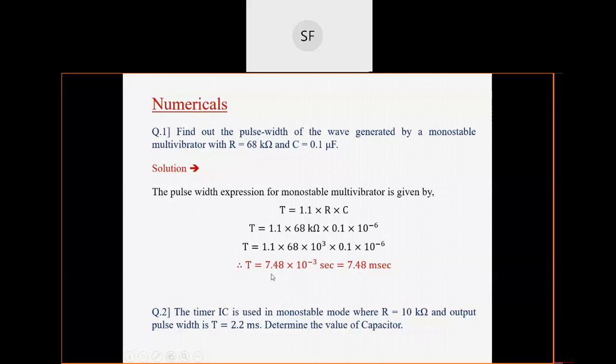You can observe here, my answer was actually 7.48 into 10 to the power minus 3 second. So 10 to the power minus 3 second is nothing but millisecond. So just do this calculation and verify the answer. Then reply to me whether it is correct or wrong.